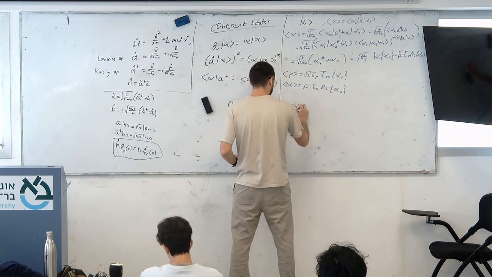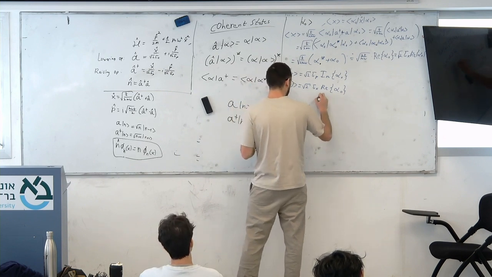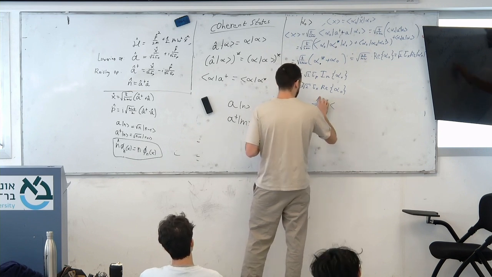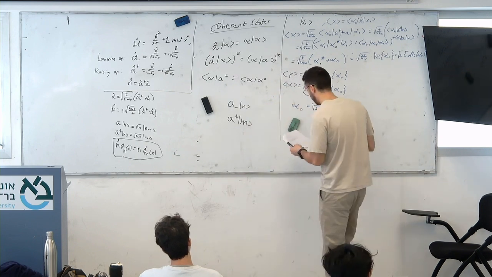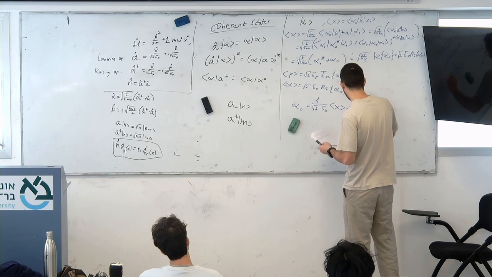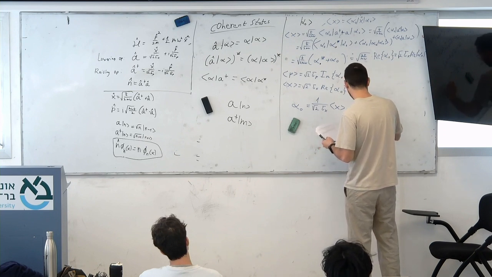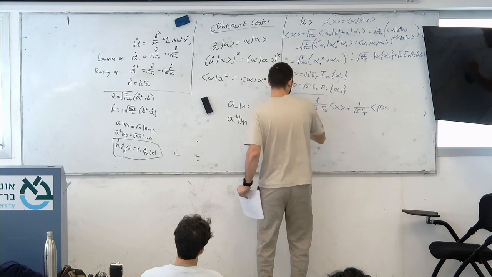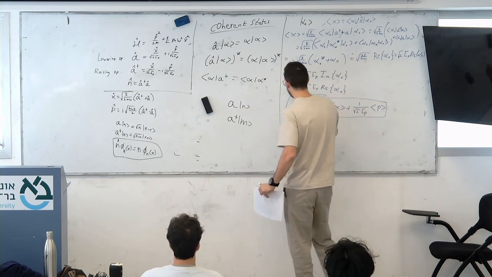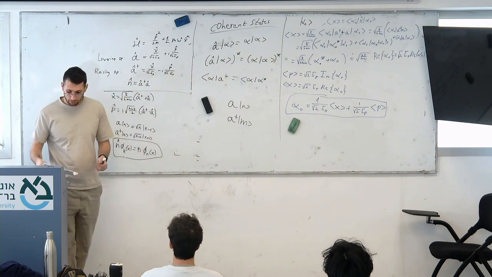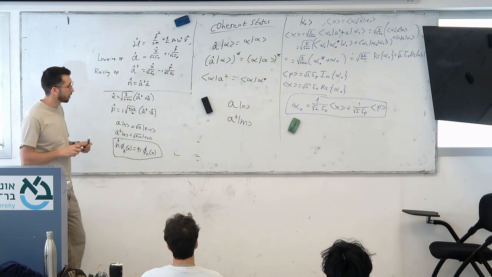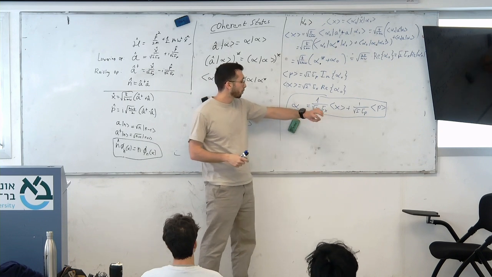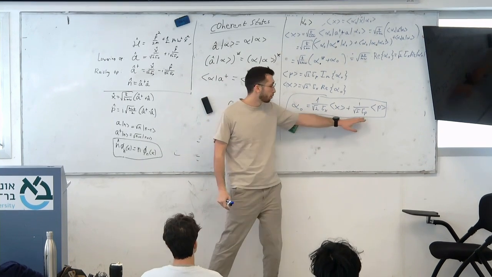This means that we can write alpha naught as 1 over square root of 2 sigma x times the expected value of x, plus i over square root of 2 sigma p times the expected value of p. That is, a coherent state holds information on both the position and the momentum.